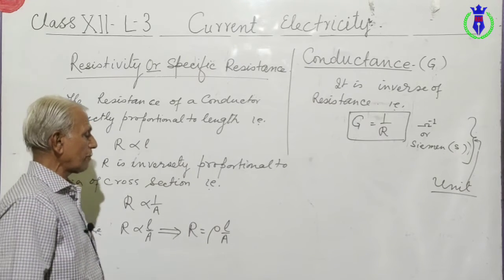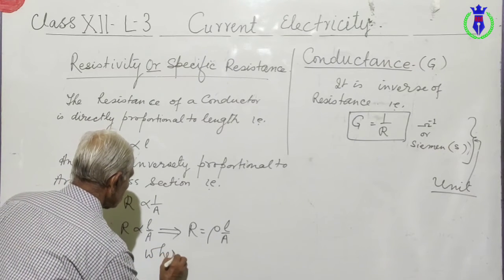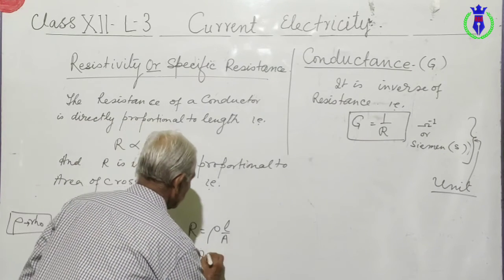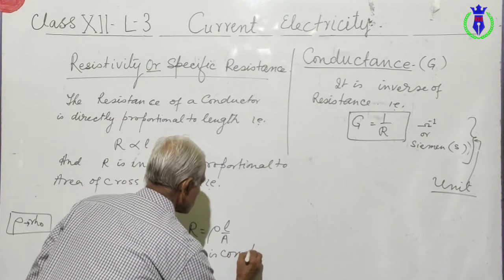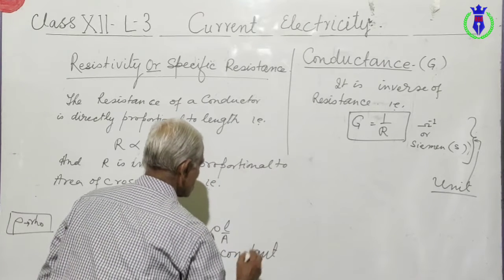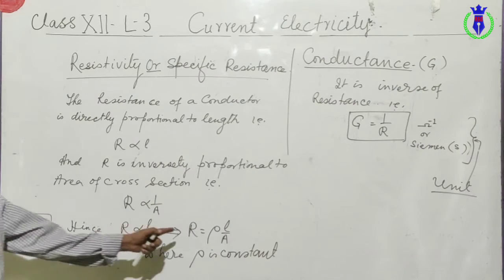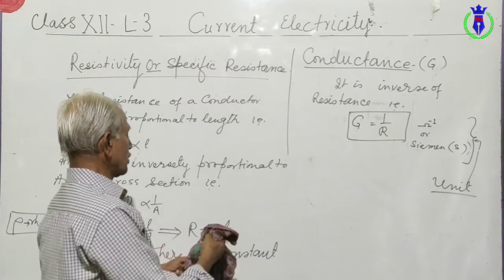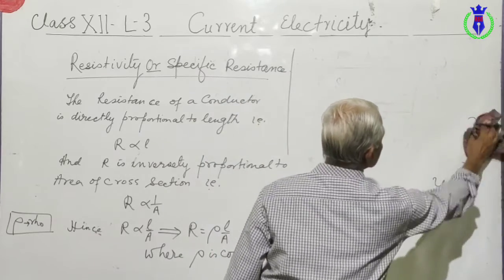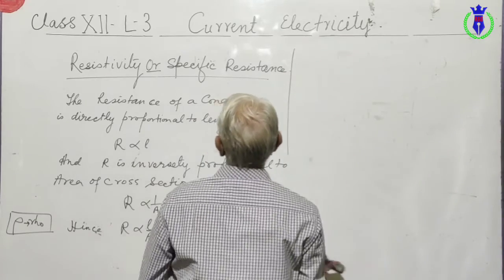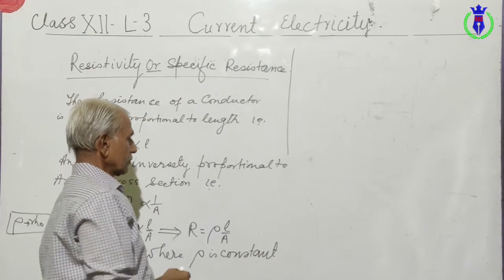So R is equal to rho L upon A, where rho is a constant of proportionality. इसका constant है इस जो proportionality का है. And this is called specific resistance or resistivity of the material of the conductor.